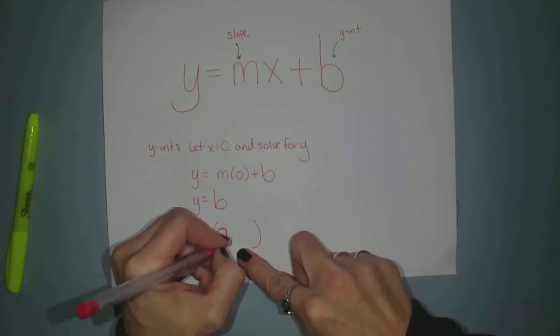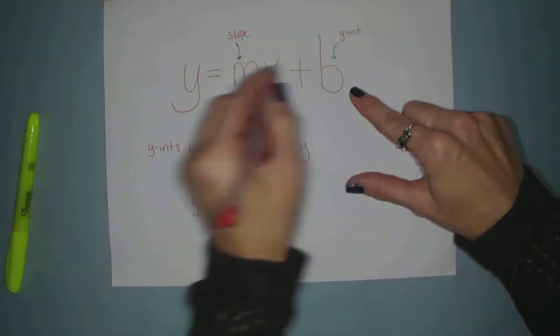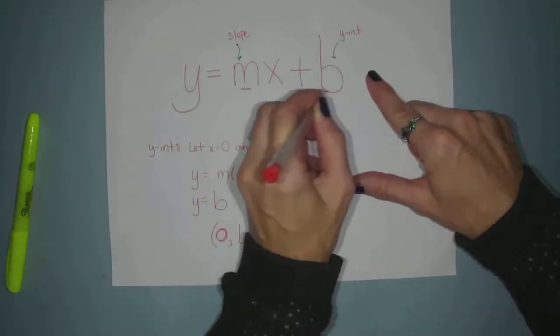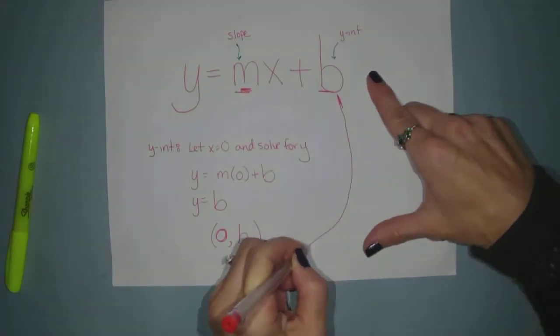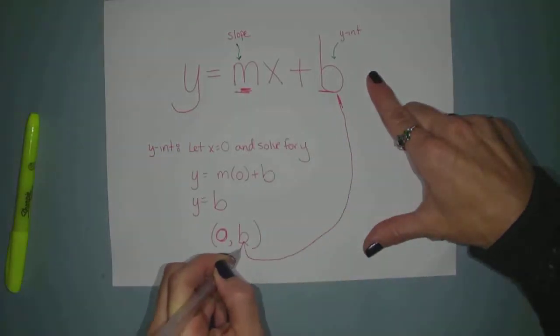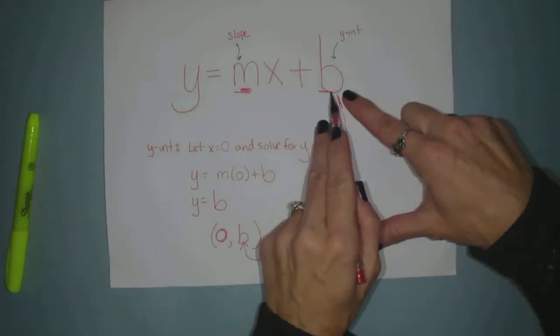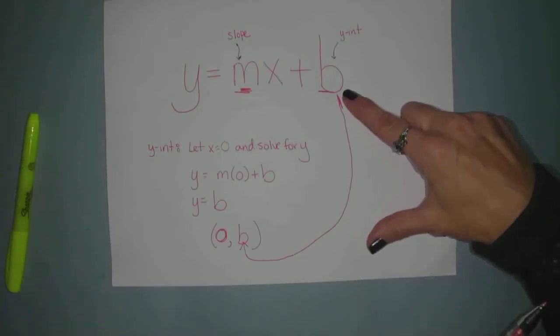When x is 0, y is b. So this back number here, whatever your equation is, whatever numbers are here for the m and the b, this is your slope, and this number ends up being the location where you cross the y-axis. So having that piece and that piece is going to make graphing really easy when we get to graphing.